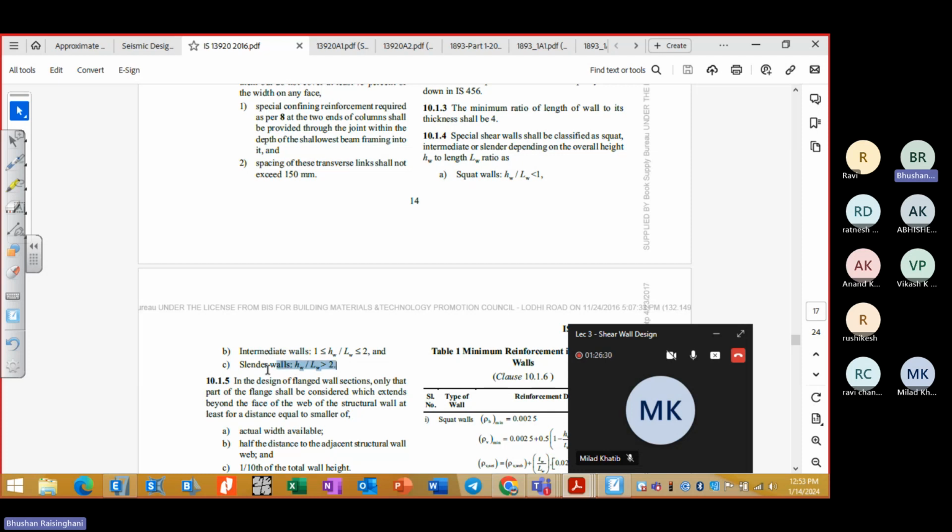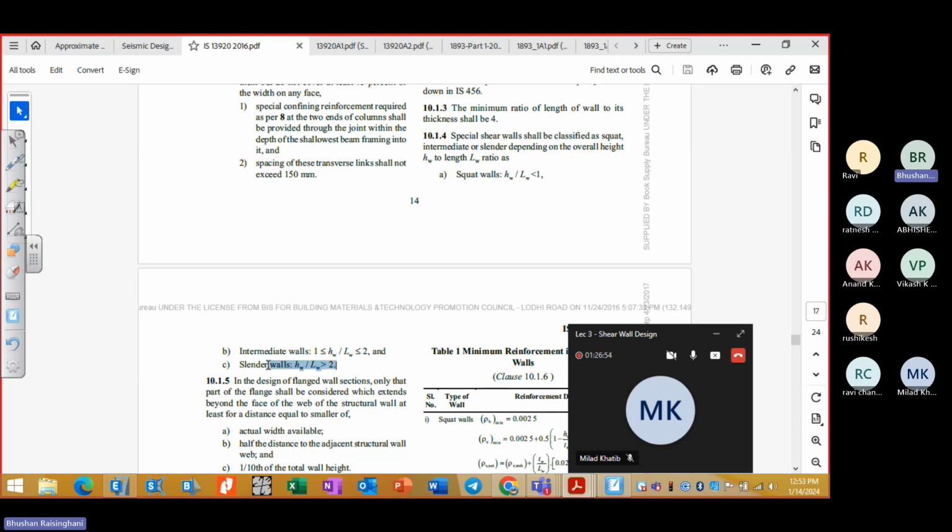That is the general case we come across whenever we are dealing with high-rise buildings, or mostly any multi-story building of more than 3 stories, then we will not get squat walls. And intermediate walls also up to, let's say, 4 or 5 stories we may get, but beyond that all will be slender walls that we would be designing.